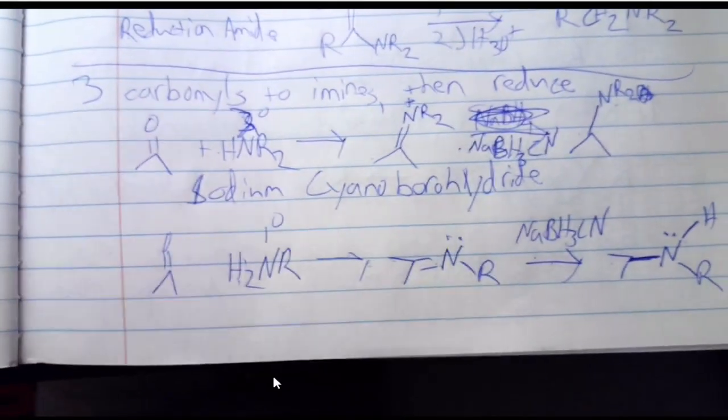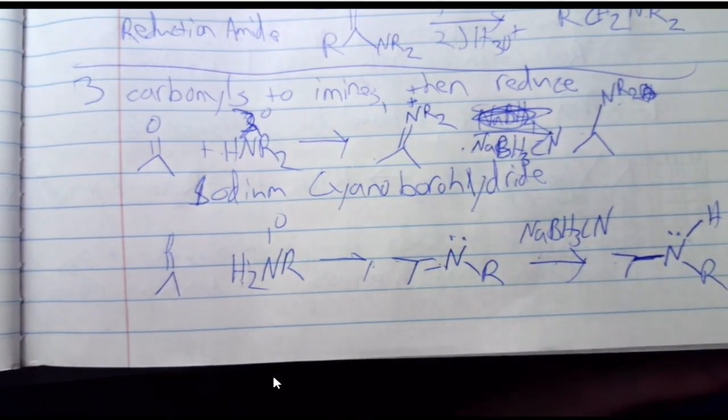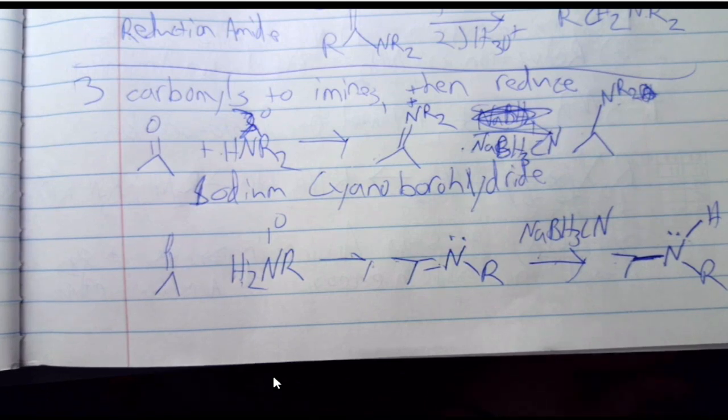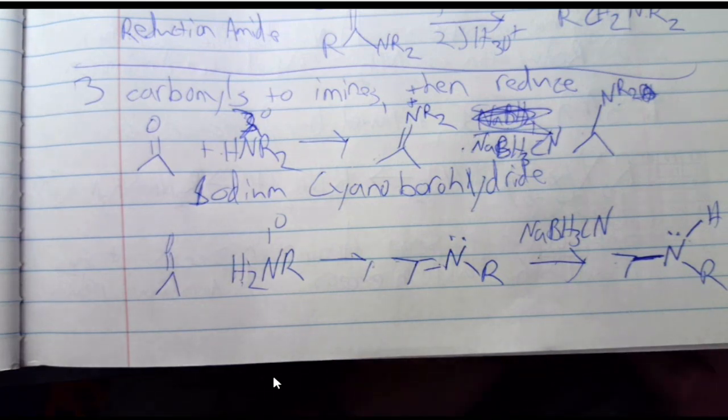Essentially, in this way, by adding an amine onto a ketone or an aldehyde, we are able to replace the carbonyl oxygen with an amine. And the number of carbons bound to that amine is going to depend on what amine attacking group we have.